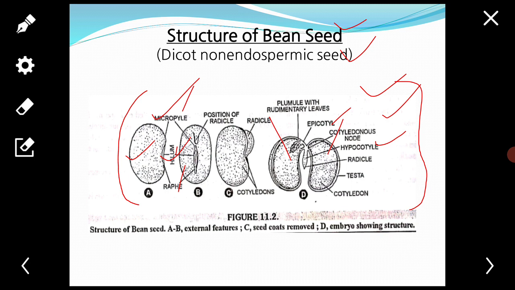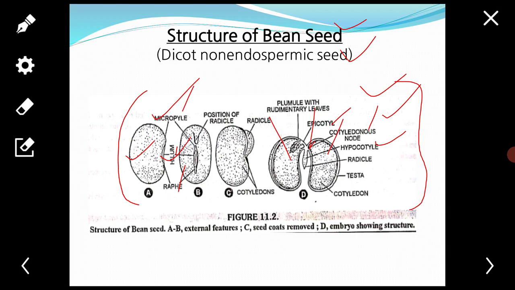The cotyledons are attached laterally to the curved embryonal axis at the cotyledonary node, that is the node. The micropylar end of the embryonal axis is rod shaped and slightly bulged.